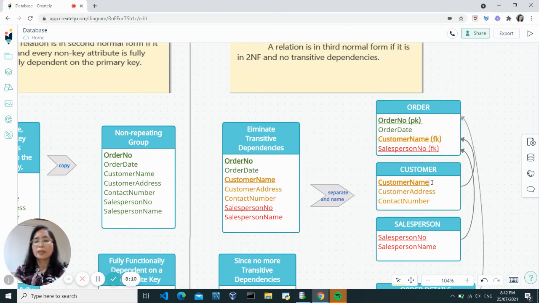Here, customer name can be our primary key. Salesperson number could be our primary key.